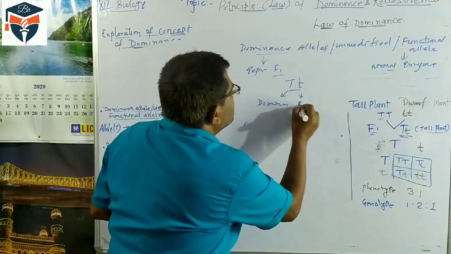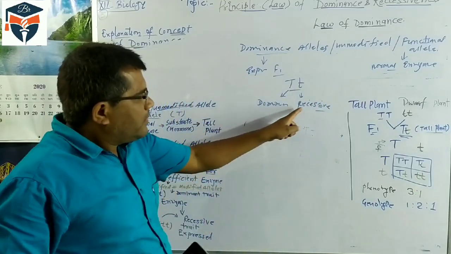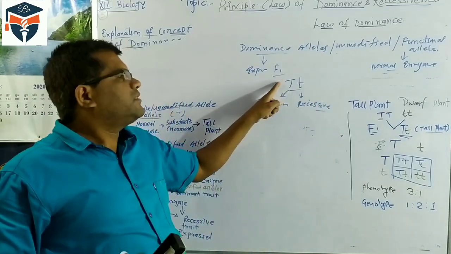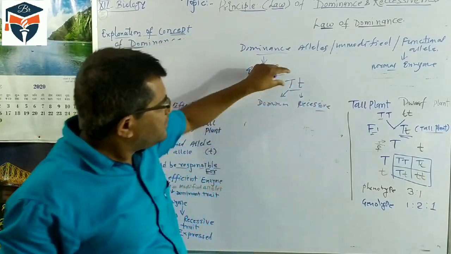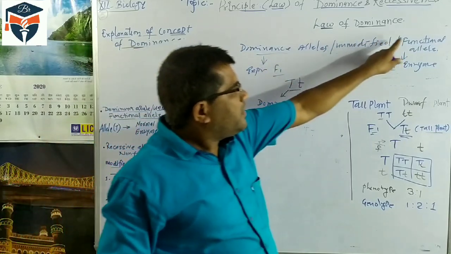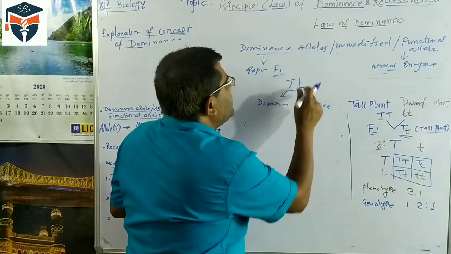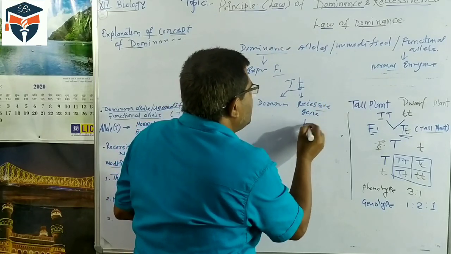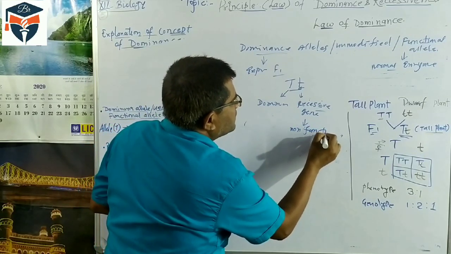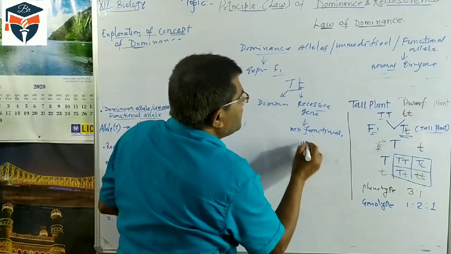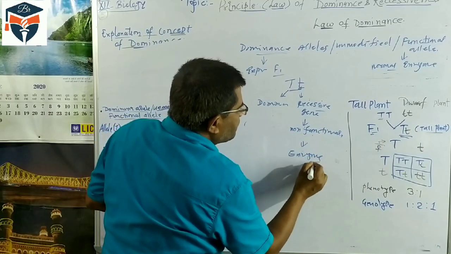The second allele is called the recessive allele, and it is expressed differently from capital T. Capital T is unmodified, meaning normal enzyme is synthesized, but small t is called the recessive allele, and this recessive allele is a non-functional allele. It means this allele does not produce the enzyme.